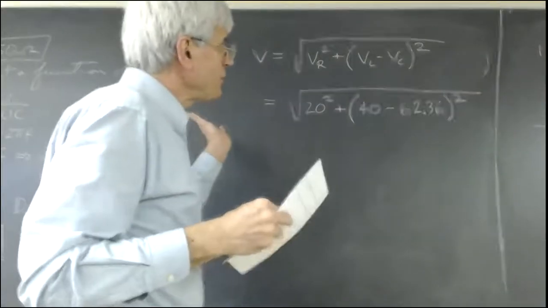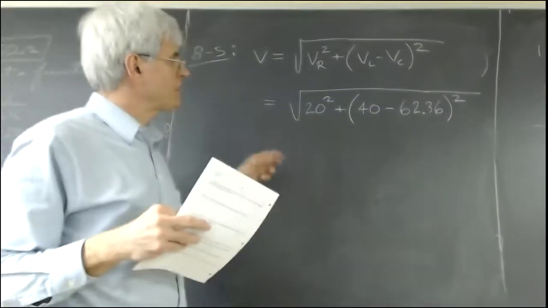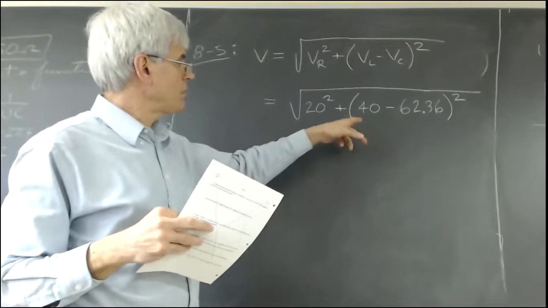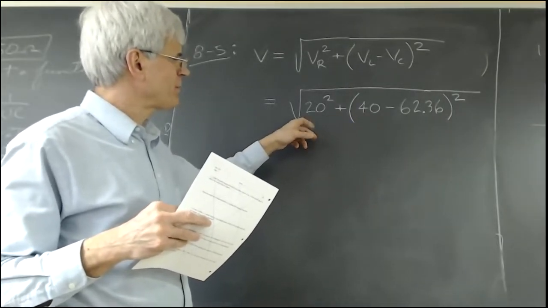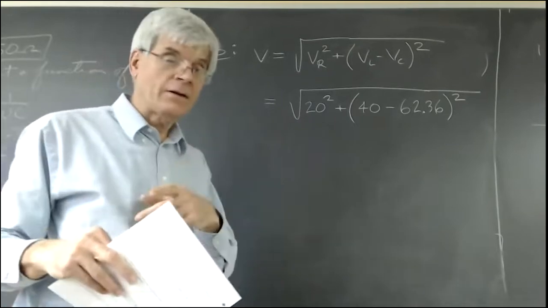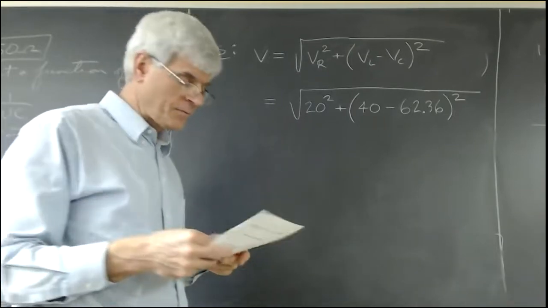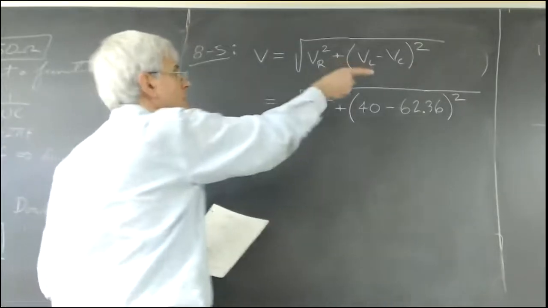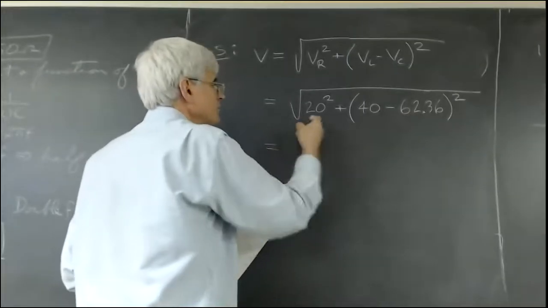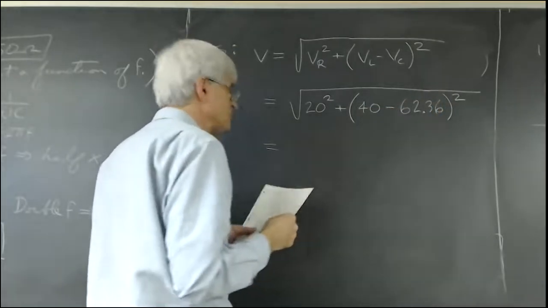Now, if these were DC voltages, you would just add them up to get the total. That plus that would be 122.36, but that's how to do the question wrong. If you're interested in doing the question right, you fill in this formula here, you square that, you subtract and square.